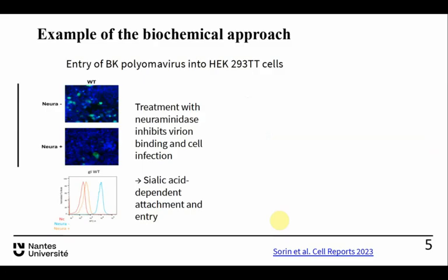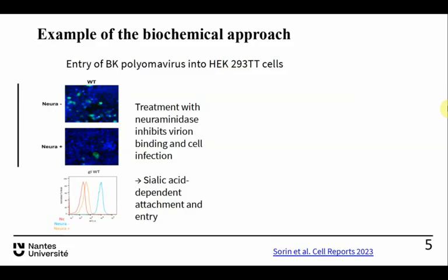Okay, so we do a bit of this in the lab with the biochemical approach. As I said, I know everything and probably more than is healthy about BK polyomavirus. Like I said, it depends on sialic acid for infectious entry. The enzyme that removes sialic acid is called neuraminidase, because another name for sialic acid is neuraminic acid.